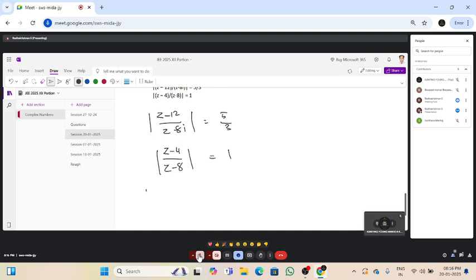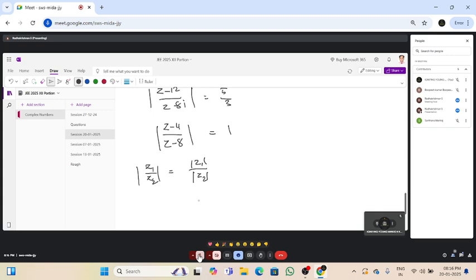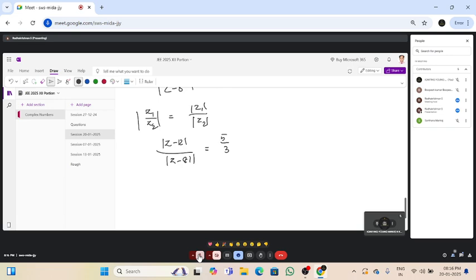There is a rule: mod of Z1 by Z2 is equal to mod of Z1 by mod of Z2. That you can apply. So the first equation you can write as mod of Z minus 12 divided by mod of Z minus 8i equal to 5 by 3. Okay. And then what?